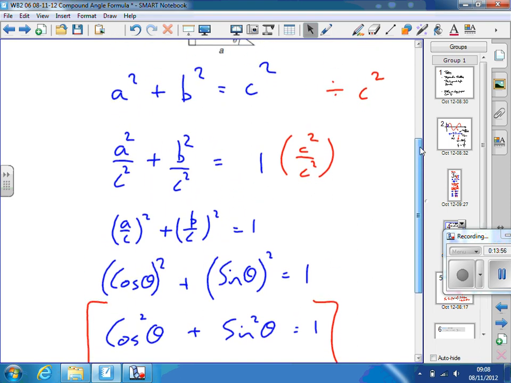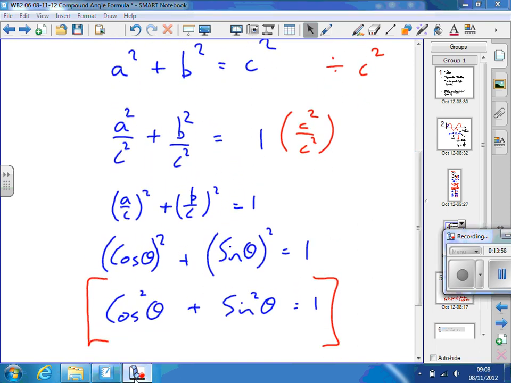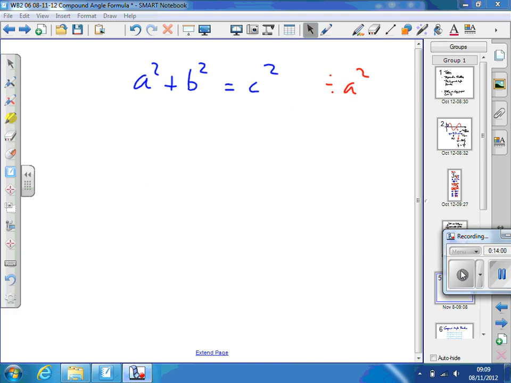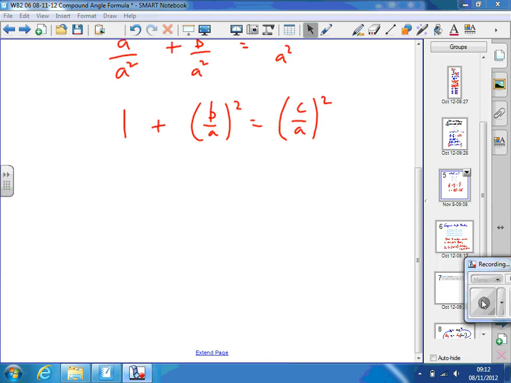Okay, now a squared plus b squared equals c squared. Divide through by a squared. And then look at what I've just done and see if you can come up with another identity. Right, so we've got 1 plus b over a squared equals c over a squared.